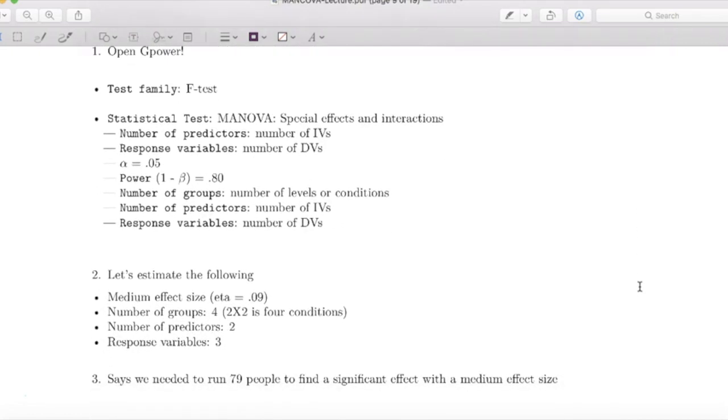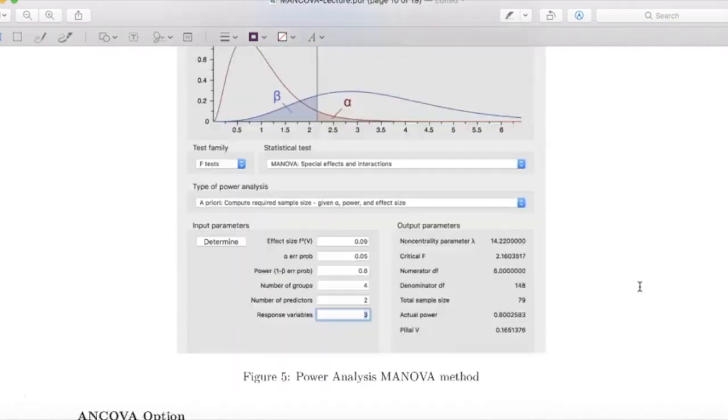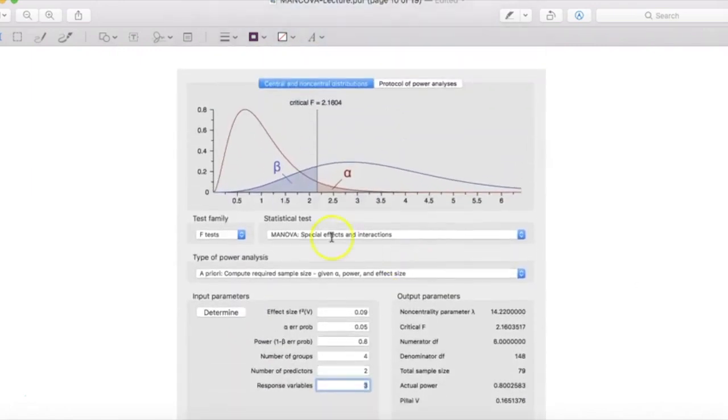So this is the same power analysis that we did for Mancova. For statistical tests, let me actually just show you the screen. I checked Mancova, special effects, and interactions because I was interested in that. A priori, I use an effect size that I think is small, 0.09. My alpha was 0.05. My power was 0.80, force of habit.